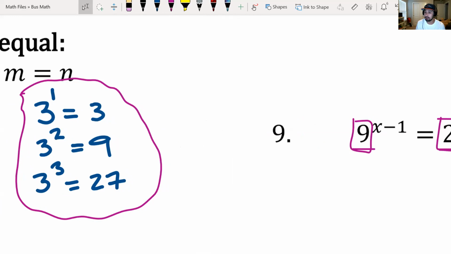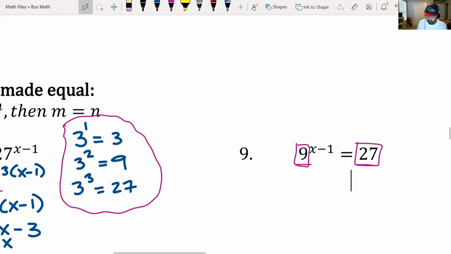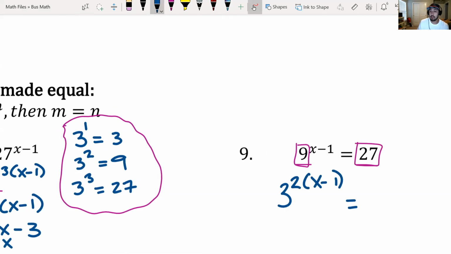So we can use this chart that I made over here on the left. This means that 9 can be changed into 3 squared. So we'll get 3 to the second times x minus 1 equal to, and we did this already, 27 can be changed into 3 cubed. So we get 3 to the third.